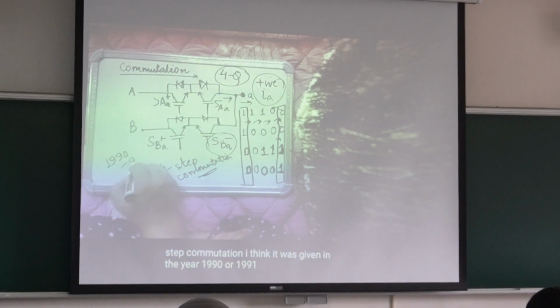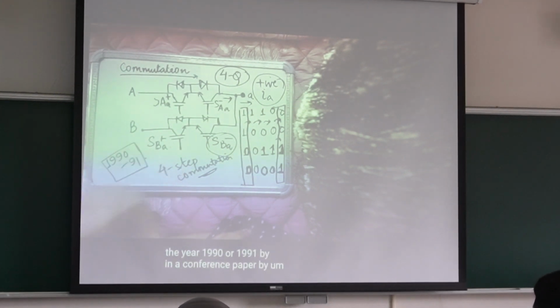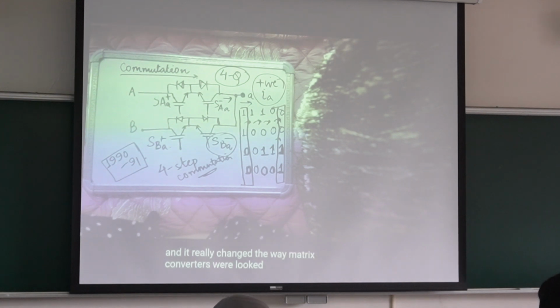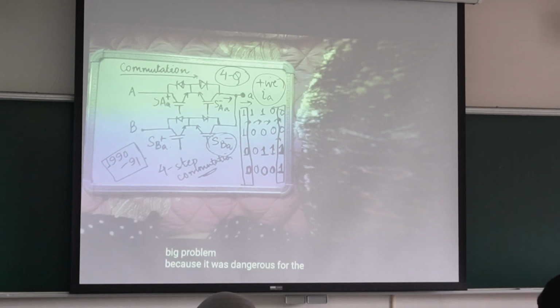The 4-step commutation, I think, was given in a 1991 conference paper by a person called Burany. So this is 1990. And it really changed the way matrix converters are looked upon, because commutation was a very big problem. It was a big issue, dangerous for the converter.